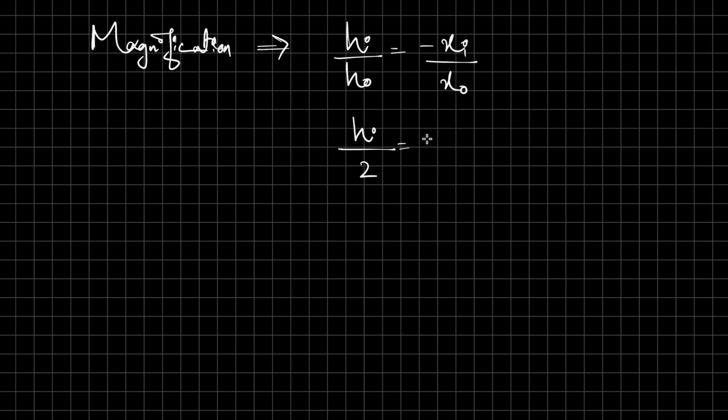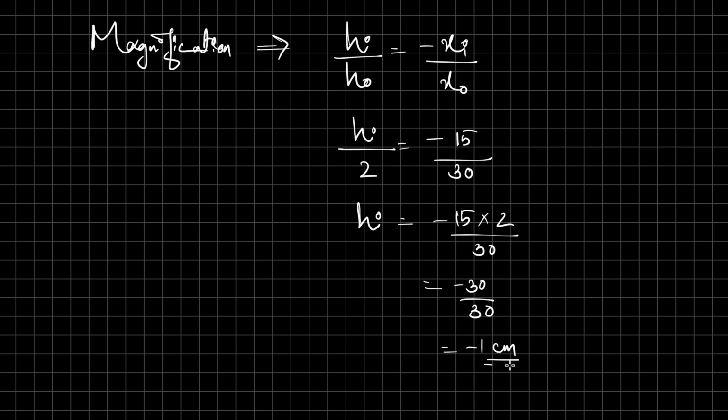We have a negative sign here, so minus 15. Object distance is 30. Let's cross multiply. hi equals minus 15 times 2 over 30. Minus 30 over 30. Minus 1 centimeter. This negative sign indicates that the image is inverted.